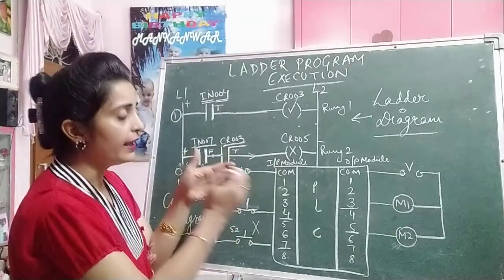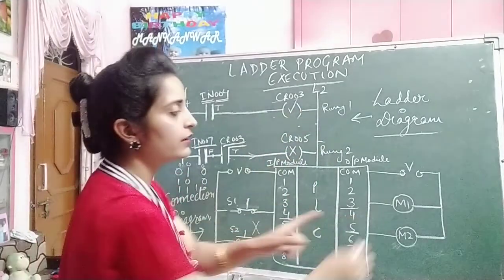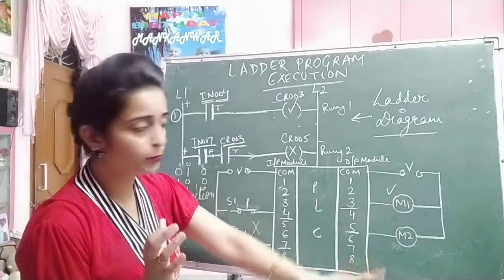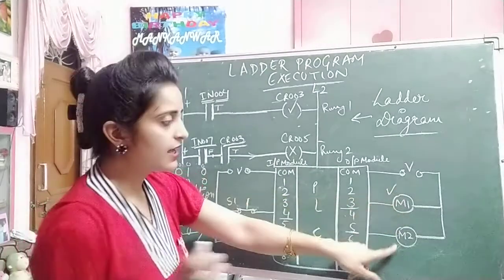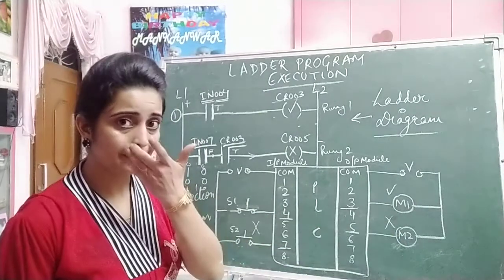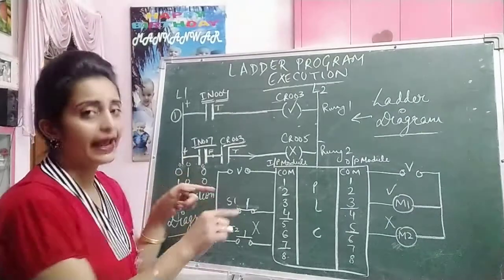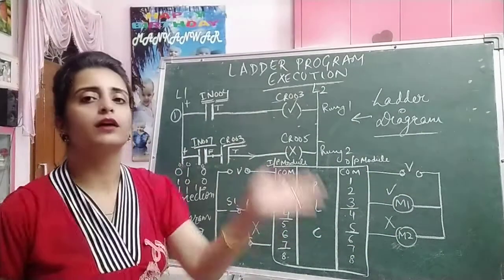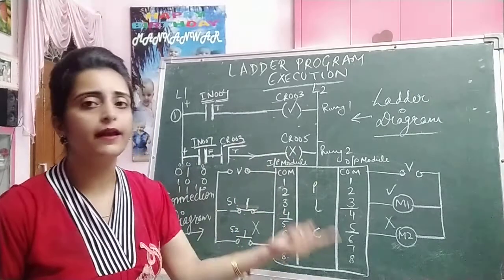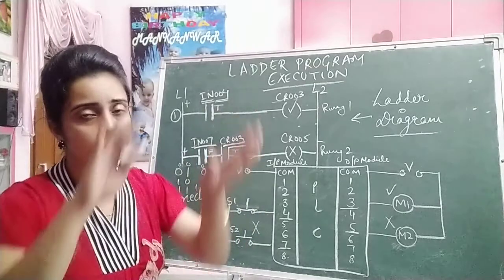And then at the output side, the motor 1 or the lamp 1, or whatever we have connected at this output, will be energized or not energized. This process will be repeated again and again till we mention the end of the program.